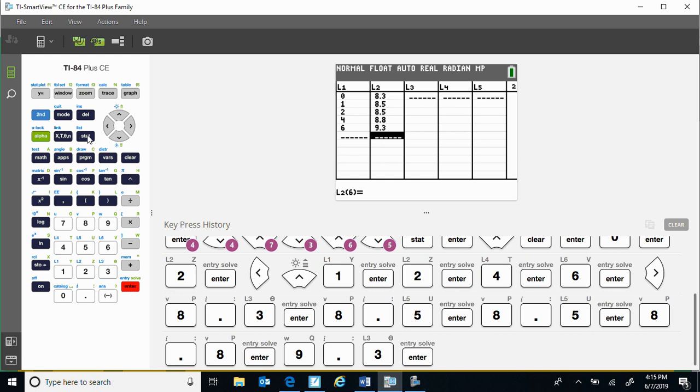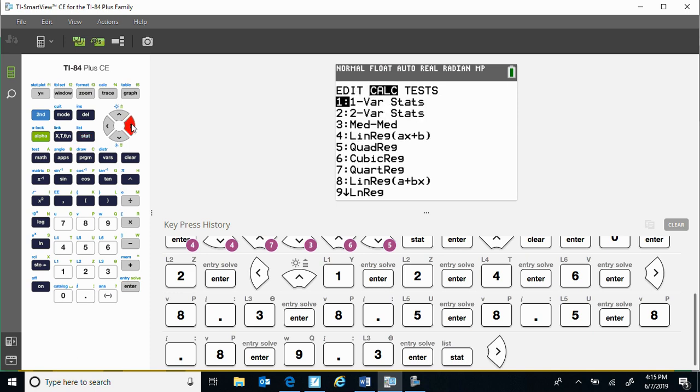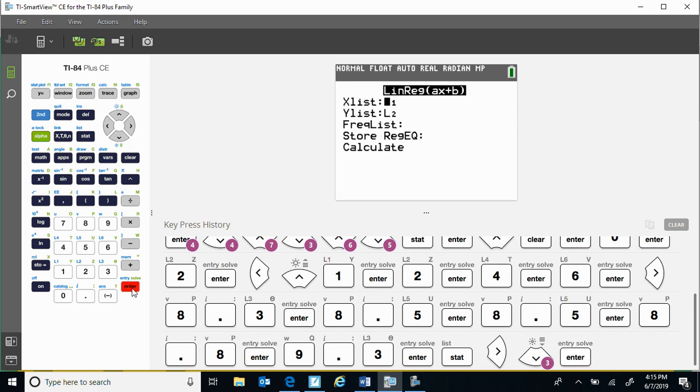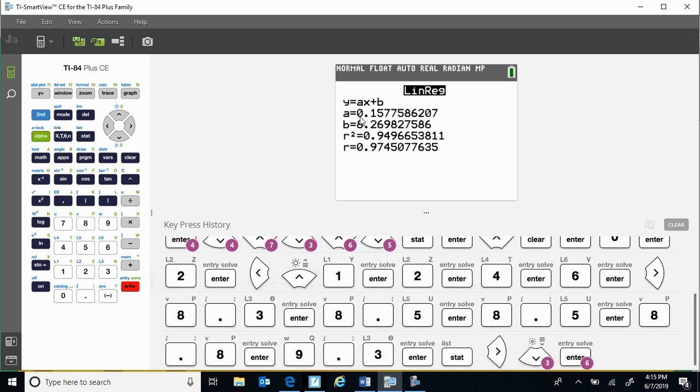Now to get my linear regression equation, I'm going to do stat over to calc, and I want to go down to number 4, which is linreg. And I'm going to hit enter. Now remember, I have to plug in for a and plug in for b. It asks me to round to the nearest hundredth, so that's 2 decimal places. So I'll have y equals 0.16x plus 8.27.